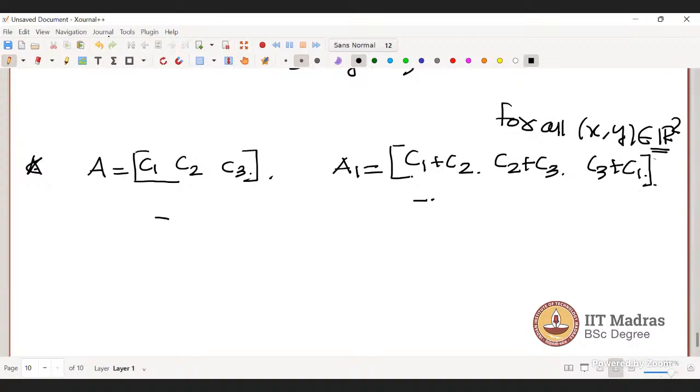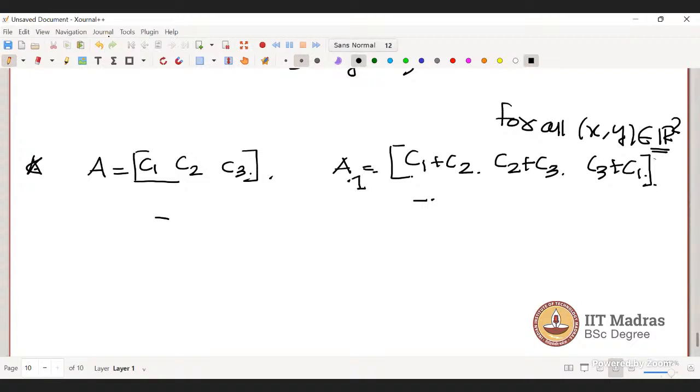Sir, I am not able to solve that. What do you mean by the relation? Here Ci represents the ith column of the matrix A. I want to find the relation between the determinant of A and the determinant of A1.